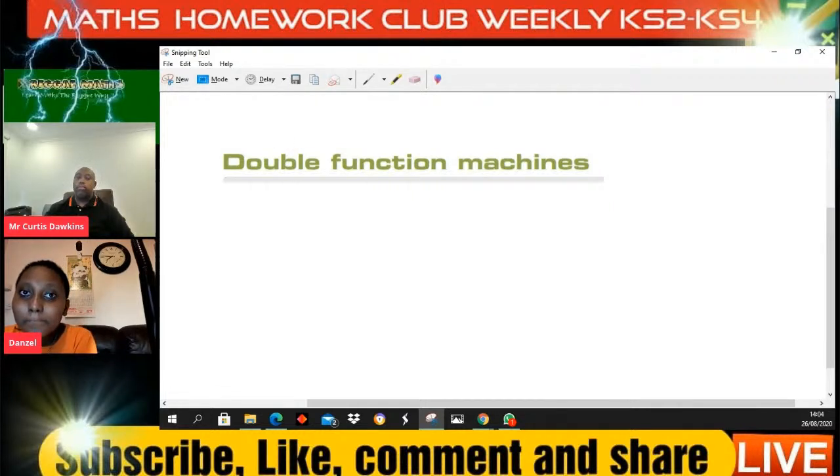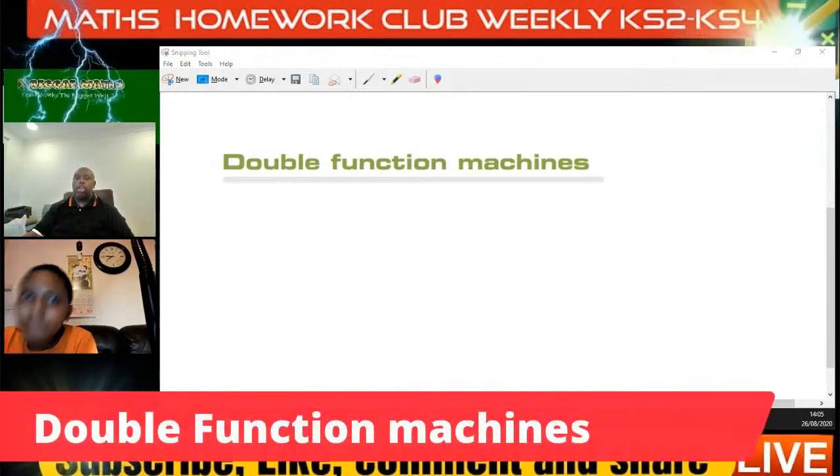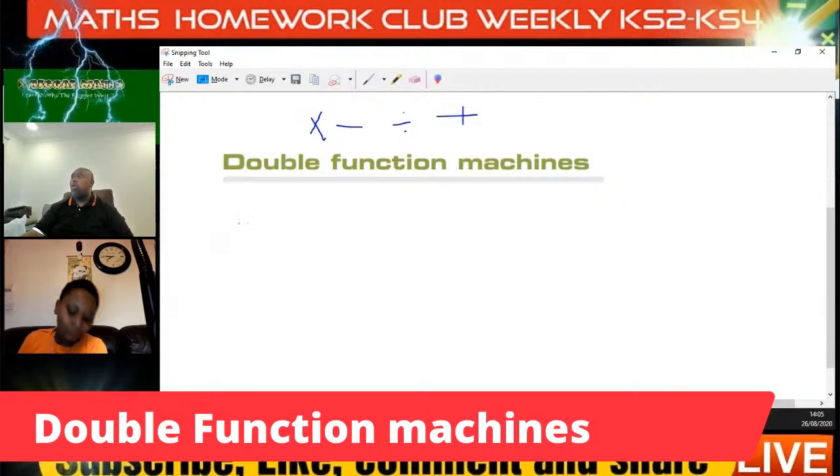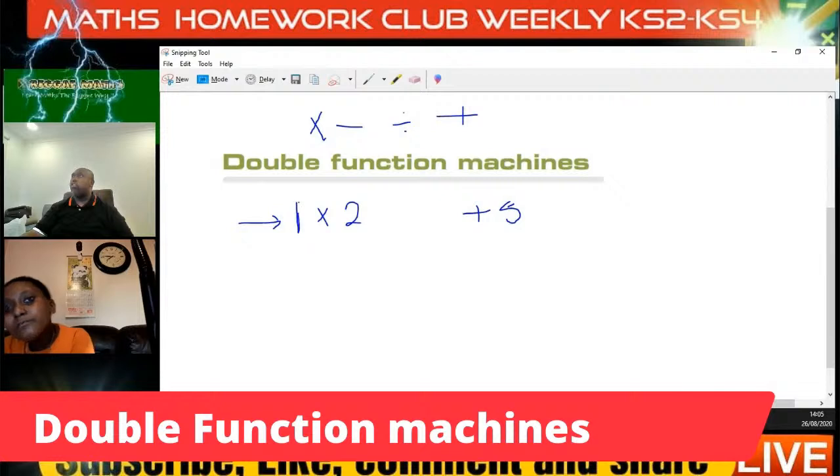The operations are times, take away, divide, addition. So today, our functions are times by 2, then add 5. So these are my functions.